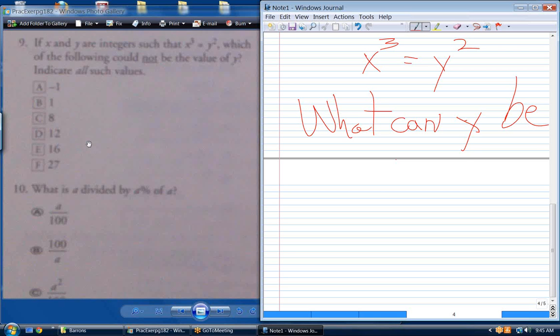Okay, so if the value of y were -1, the y squared is going to be 1, and x cubed is going to equal -1 squared, which is a positive 1.